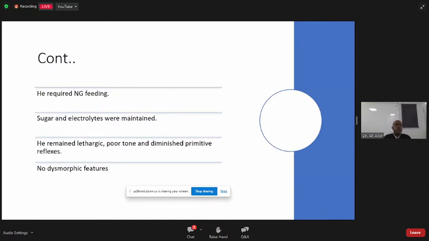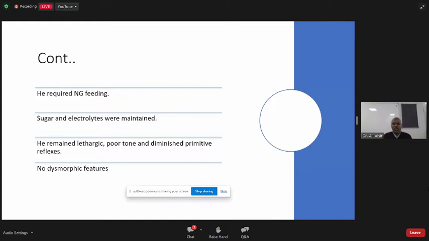This baby required NG feeding because he is very lethargic and not able to feed himself, and sugar and electrolytes were maintained. He remained lethargic with poor tone and diminished primitive reflexes, and his examination did not reveal any dysmorphic features of note.